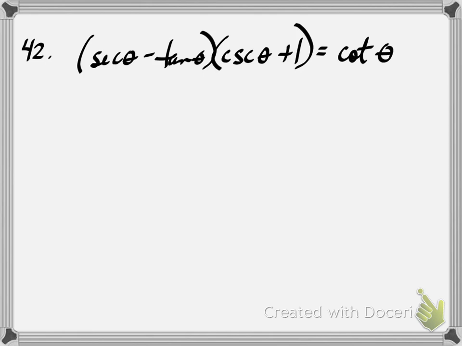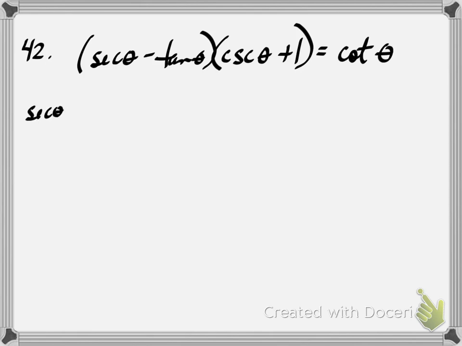When I look at that, I really want to FOIL. None of these are squared, so I'm not going to be able to jump in and use a Pythagorean identity. You'll notice on that yellow sheet above my board, I marked out the ones that weren't squared. So even though it's secant and tangent, which is a great Pythagorean identity, it has to be squared. So how about we just FOIL?